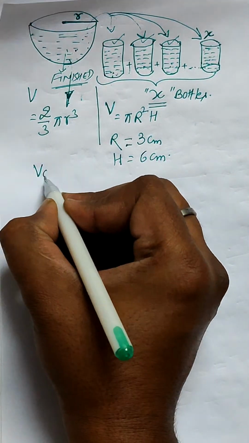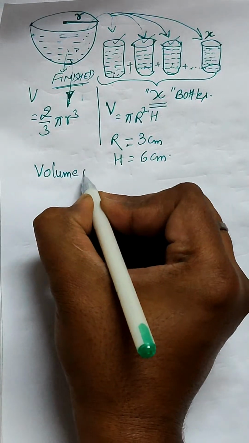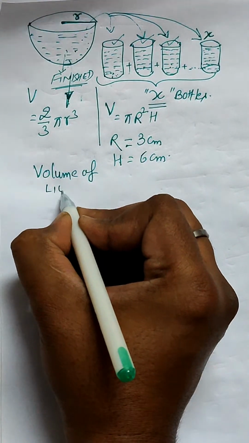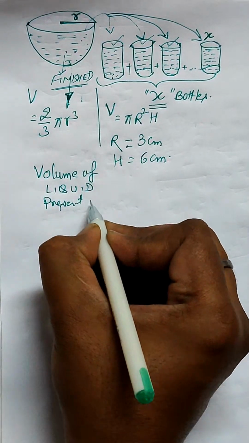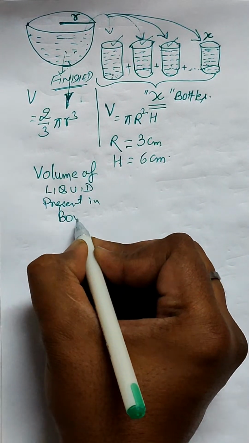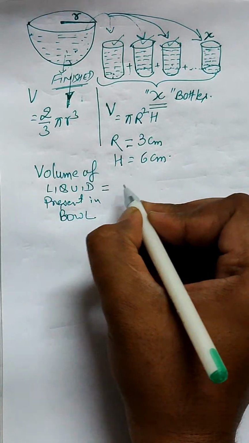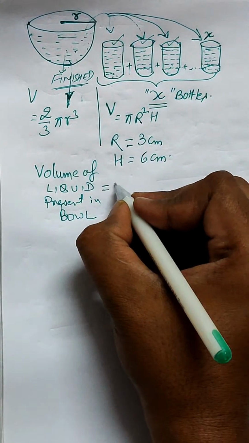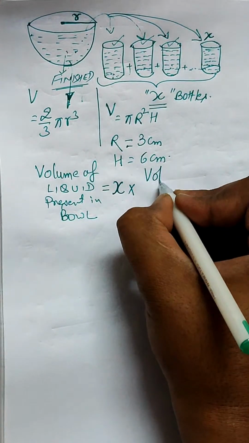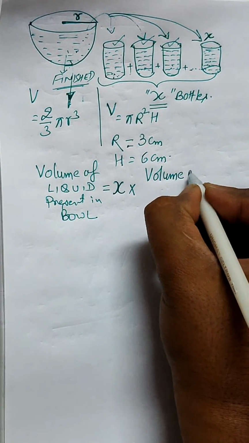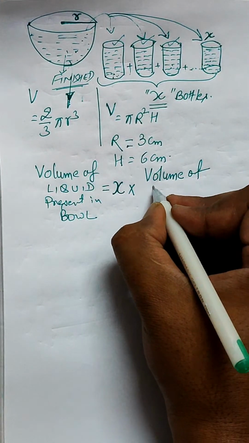So we are writing: volume of liquid present in bowl will be equal to x such bottles. So x will be multiplied with the volume of one cylindrical bottle.